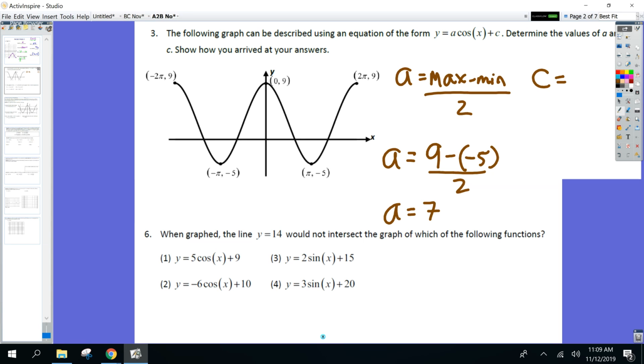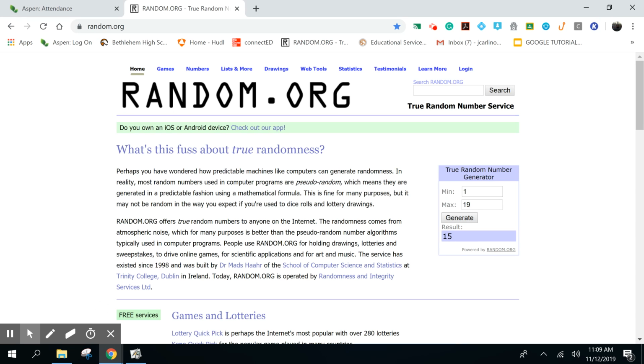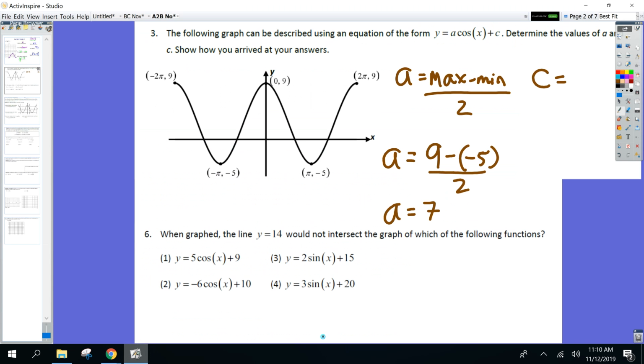And then what was the formula for C? Very similar. How are they similar? Nope, max plus min divided by 2. So 9 plus -5 divided by 2.